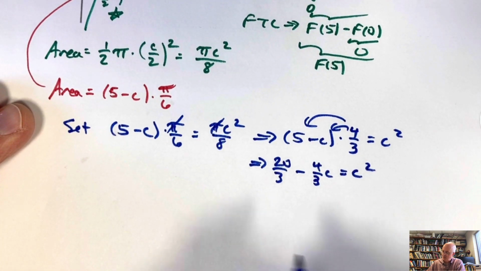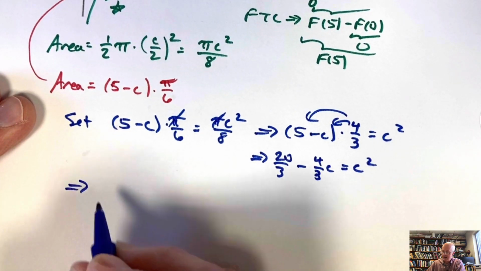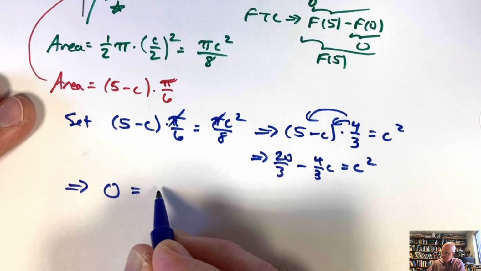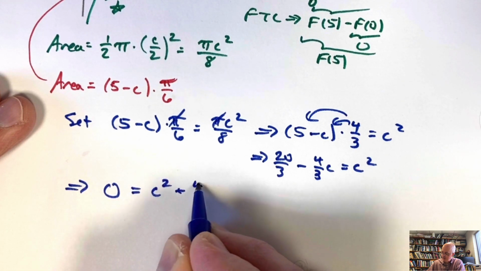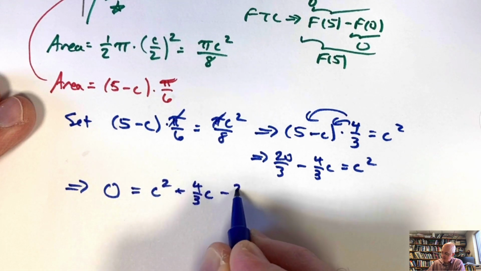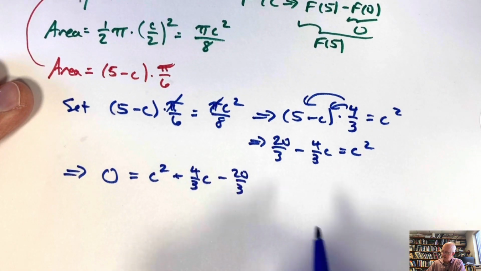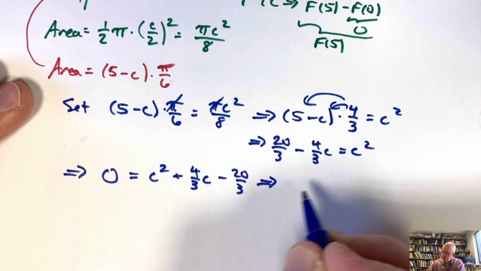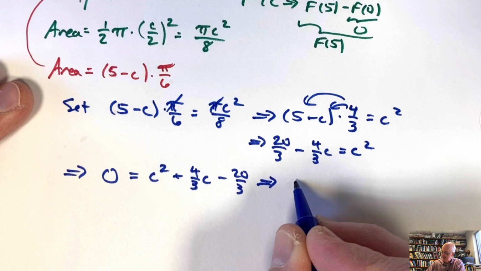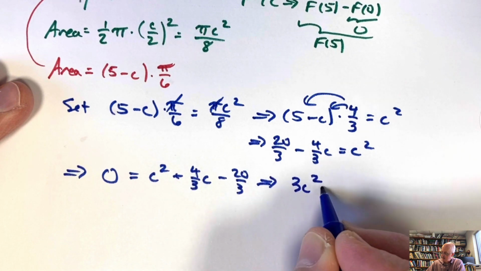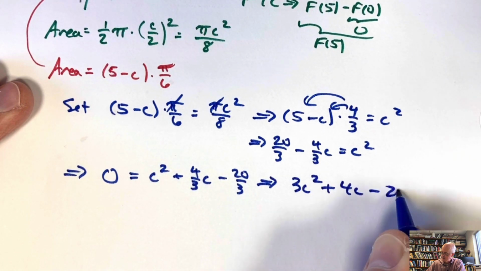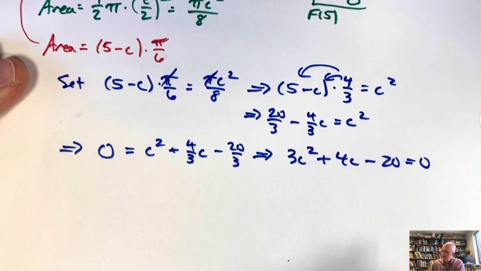Let's get everything on one side with 0 on the other side. 0 equals c squared plus 4/3 c minus 20/3. If you prefer, you can multiply everything by 3 and say 3c squared plus 4c minus 20 equals 0. And then we probably want to use the quadratic formula if we can't factor it very easily.